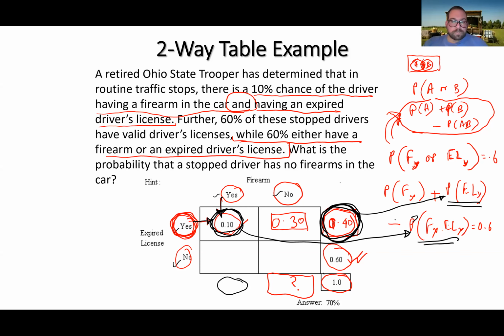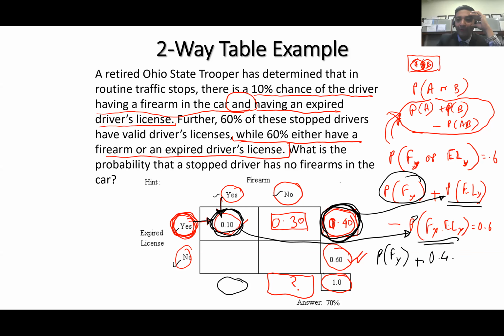So now you are suddenly seeing that in this equation, the only unknown is this guy. So if I rewrite this, it's the probability of a firearm in the car plus probability of an expired license, which is 0.4, minus probability of a firearm and an expired license, which is 0.1, which is equal to 0.6, right? That's basically my overall function here, the OR.